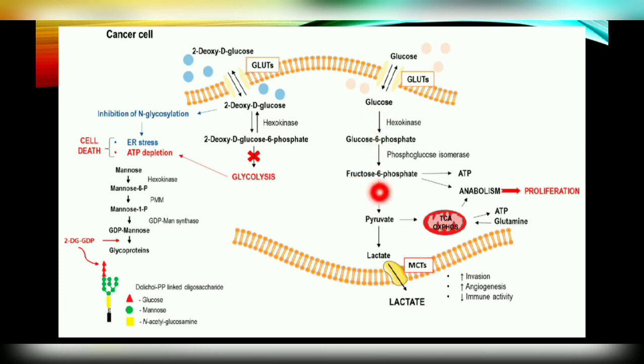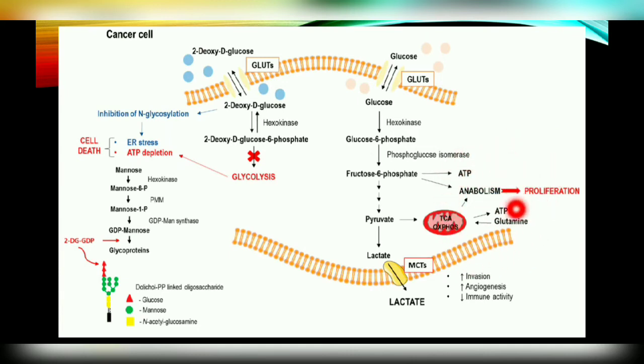So glucose is entering your cell through the membrane, through the GLUT transporters. Glucose is converted to glucose 6-phosphate to fructose 6-phosphate to pyruvate, and it's going to enter your electron transport chain and give energy. In anaerobic condition, it's going to convert to lactate and energy is produced. Now when more energy is produced, there is more invasion, more angiogenesis, that is, new blood vessels are formed more and more, and immunity is less.